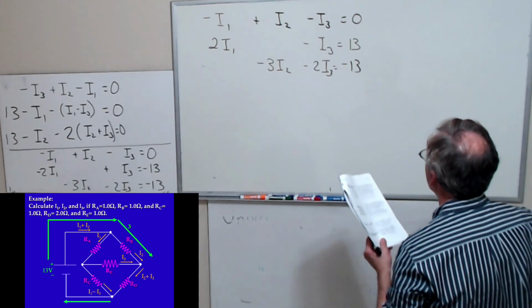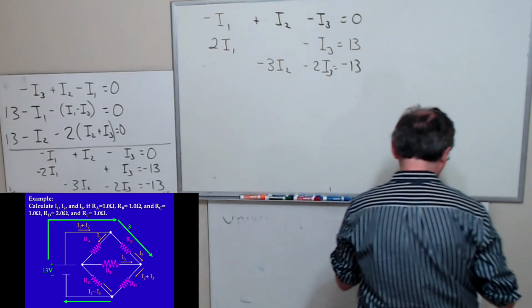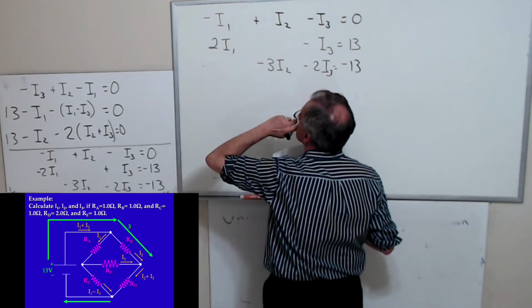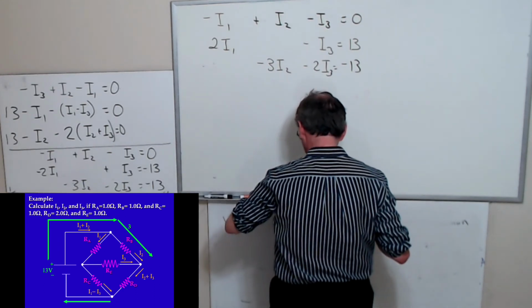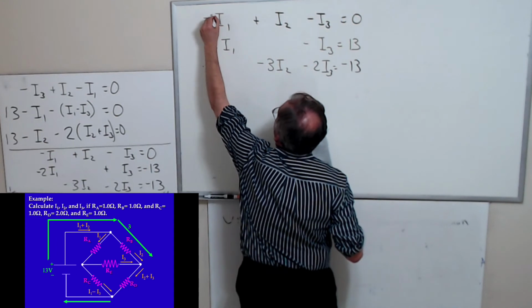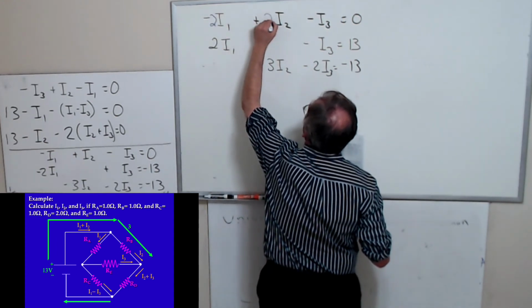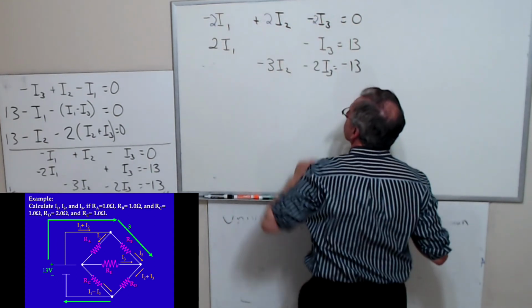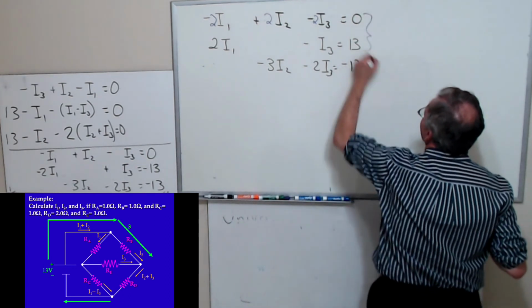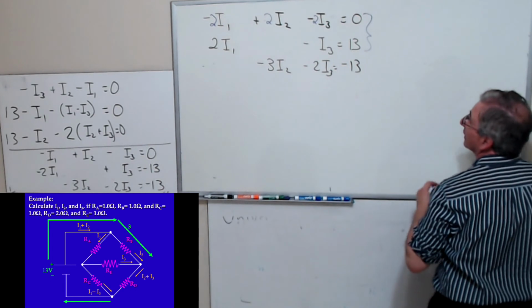Oh, okay. This is what I want to do. Can I multiply this top one by 2? Yeah. Now let's add these two. What do I get?